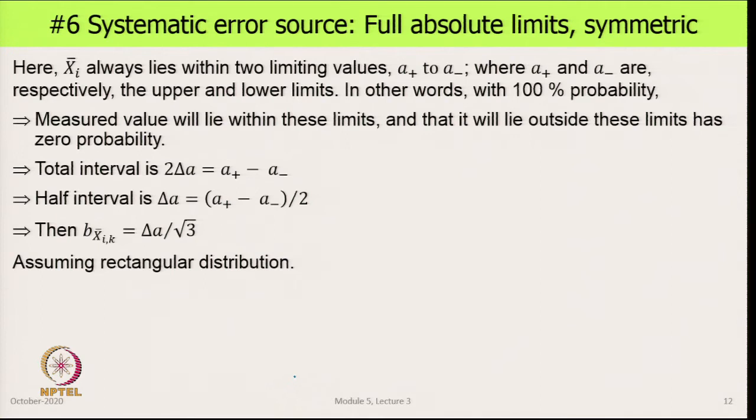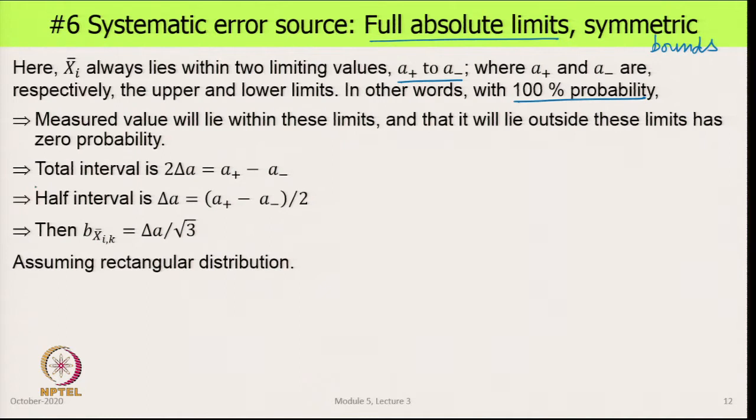Now, we look at the sixth option, where we say that the value of the measurand lies in an interval A plus to A minus with 100% probability. This we call full absolute limits, and we assume that these are symmetric bounds. That means nothing is going to lie outside this, we are absolutely sure.